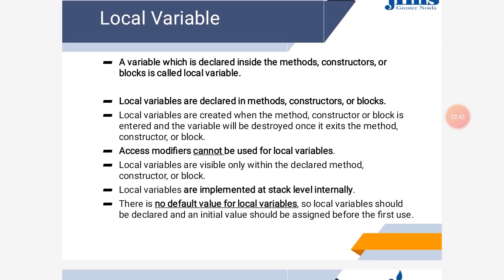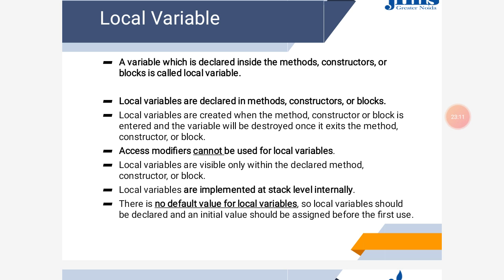And now the third type of variables are local variables. Local variables are declared or initialized in any method, constructor, or block, and these variables are stored in the stack. Outside of a constructor, block, or method, they have no meaning.